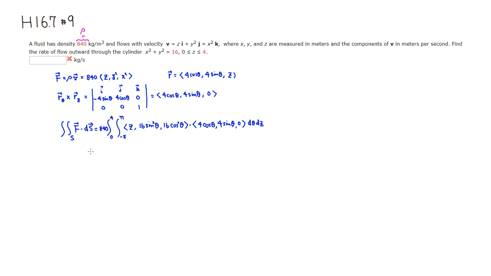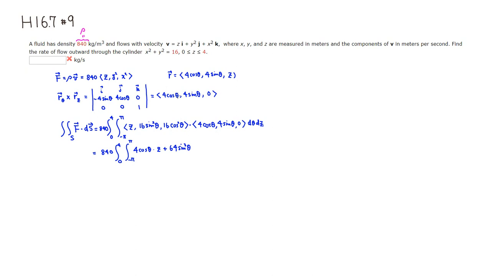All right, so let's multiply it out. 840 is still out here. I'm going to have an integral from 0 to 4 and an integral from negative pi to positive pi. Multiplying out, you're going to have 4 cosine of theta times z plus 4 times 16, which is 64, times sine cubed of theta.